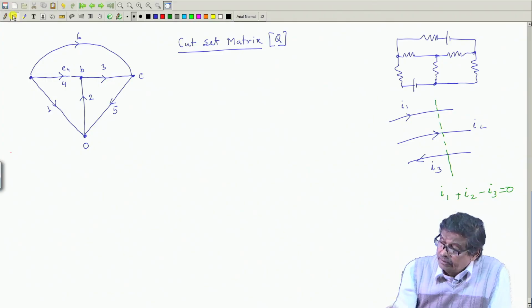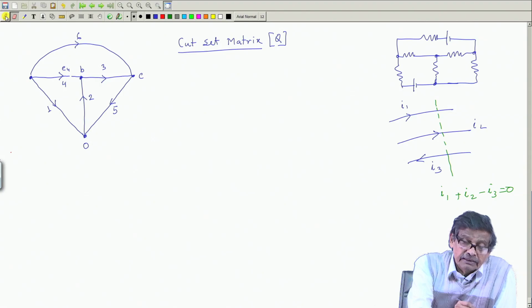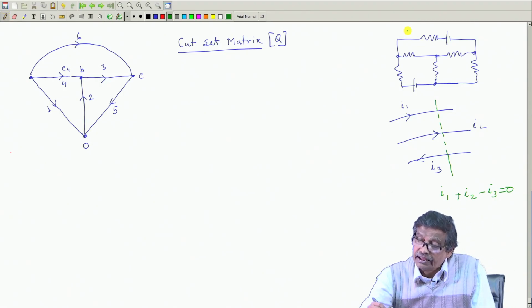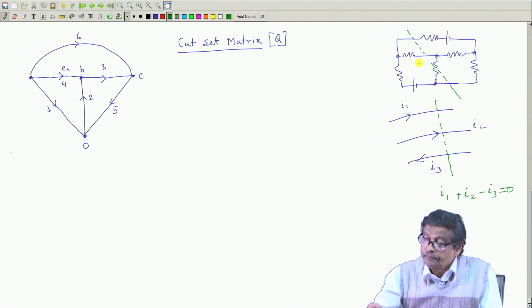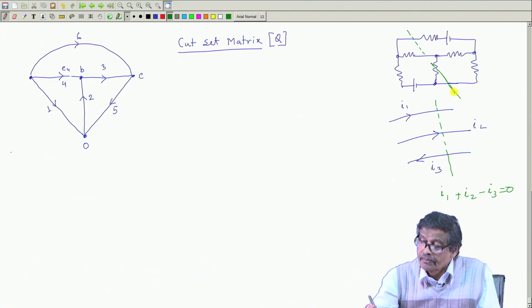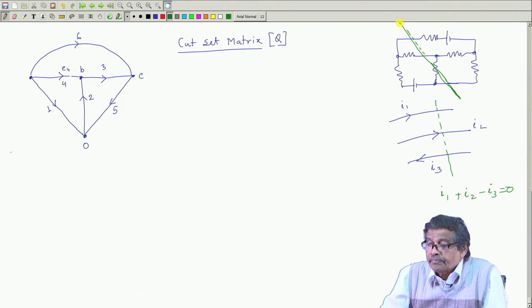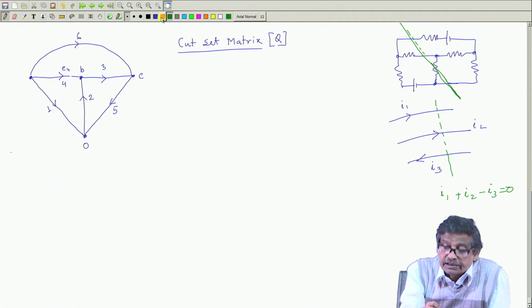This is called KCL in a broader perspective. What is the implication of this? The implication is very clear. Suppose in this network you draw a line like this, dividing the network into 2 halves by this green line. Then, listen carefully.